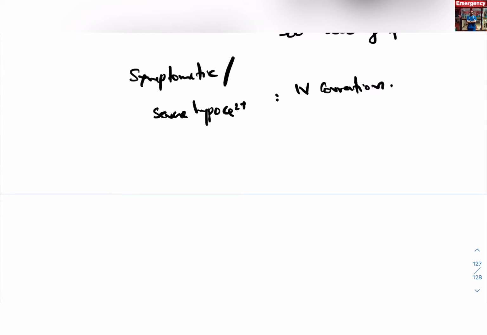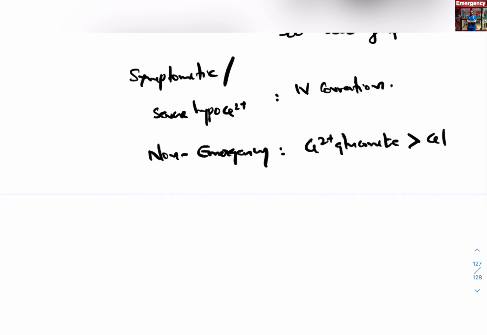If the situation is non-emergency, then calcium gluconate is preferred over calcium chloride, because with calcium chloride the chance of extravasation is high, so there may be calcinosis cutis like symptoms. So if there is no emergency, you have to prefer calcium gluconate. But if the situation is an emergency, then you have to go for calcium chloride.